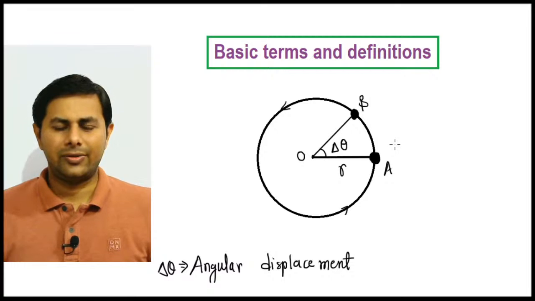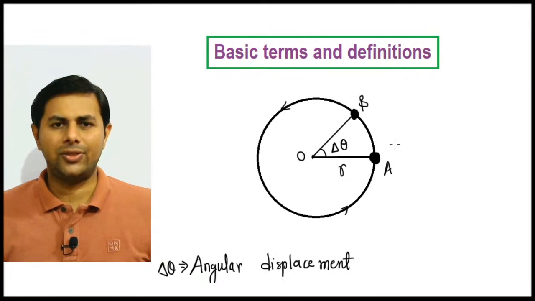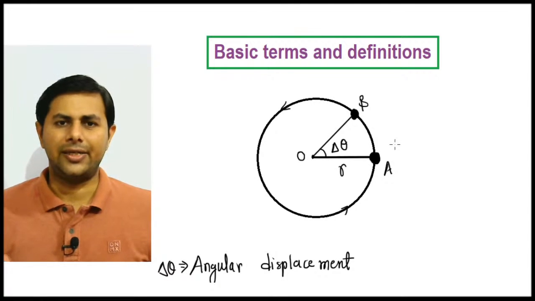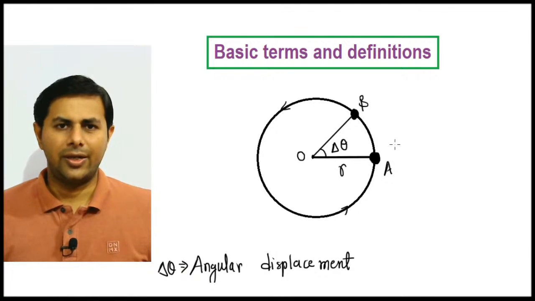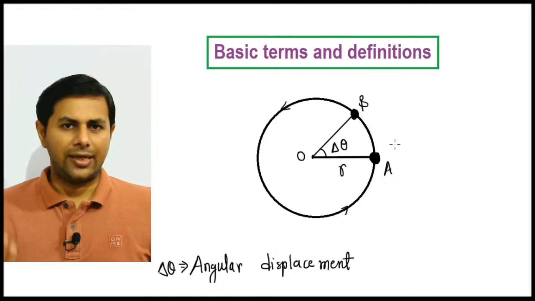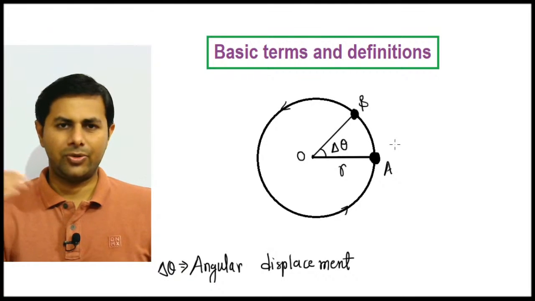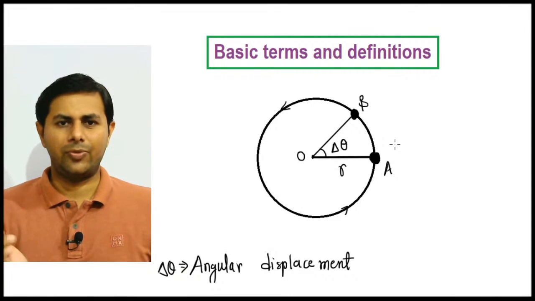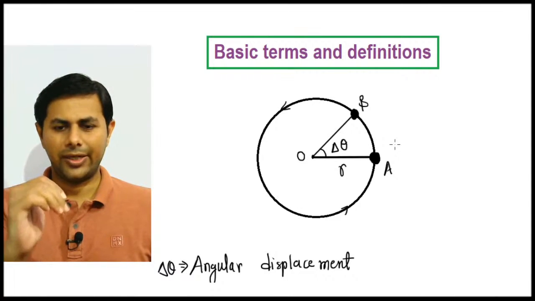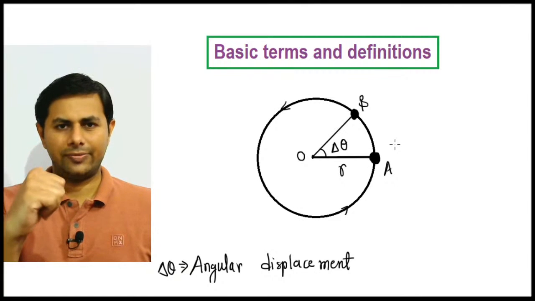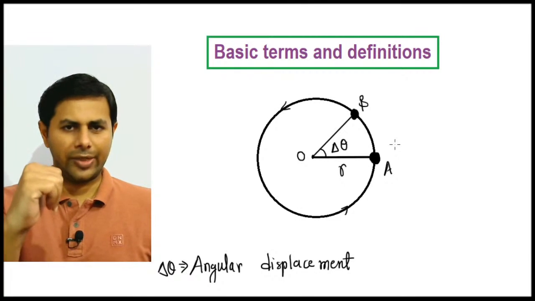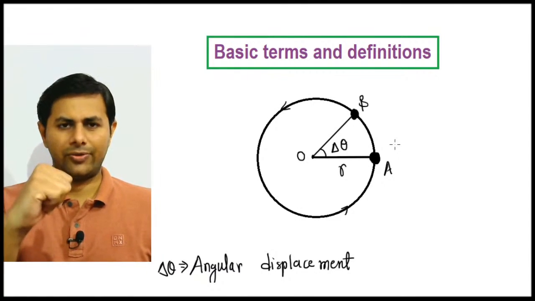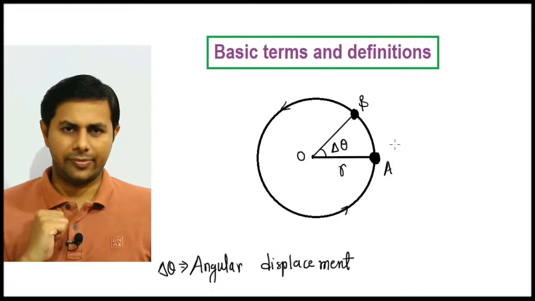Because if it is anti-clockwise from my side, then from the other side of the circle it will be clockwise. That's why we define its direction using a rule known as the right hand rule. So what is the right hand rule? Take your right hand and curl the fingers in the direction of motion of this object. If you are looking from this side, it will be anti-clockwise, so curl the fingers of your right hand in the anti-clockwise sense and then stretch your thumb.